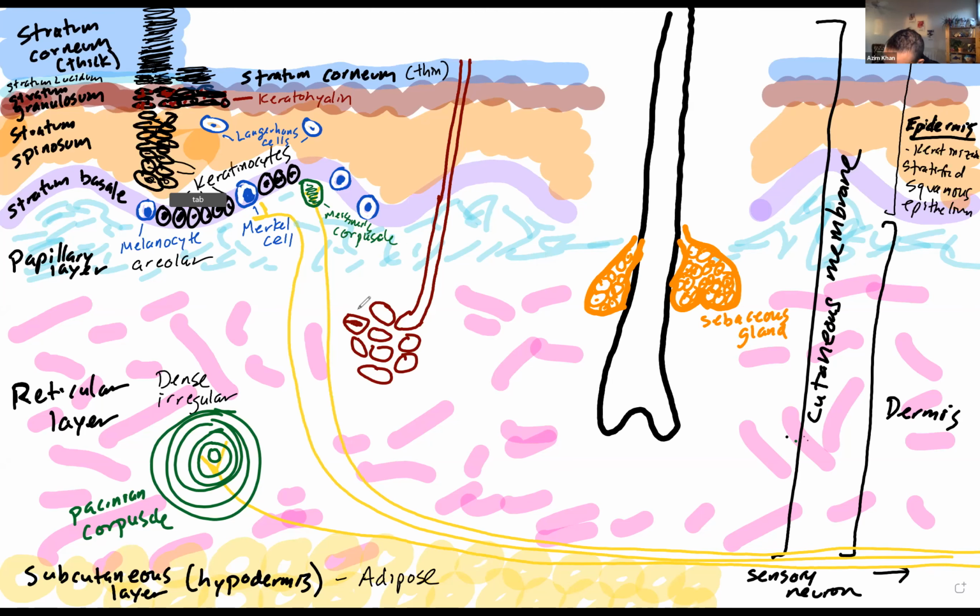So let me trace this in with a different color. Simple cuboidal cells surrounding a lumen. Or you know what, I'm going to do it a different way. But these are simple cuboidal cells, narrow lumen.